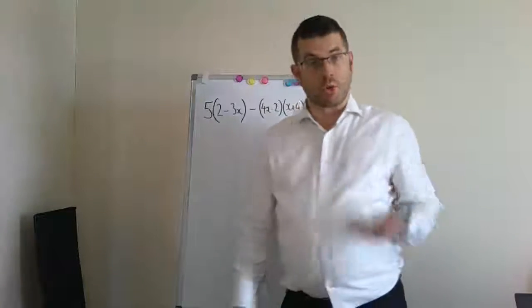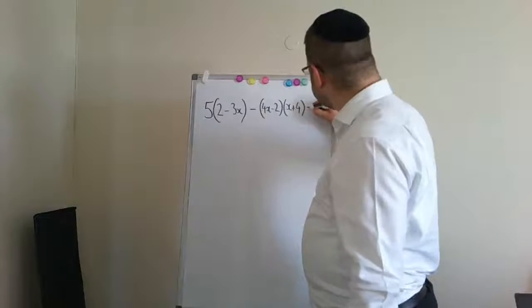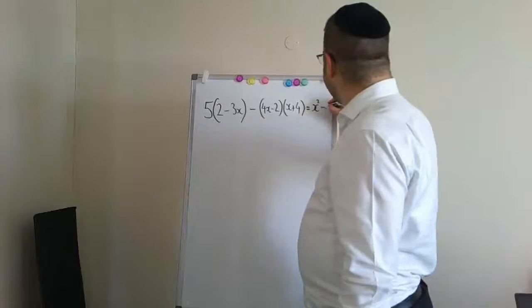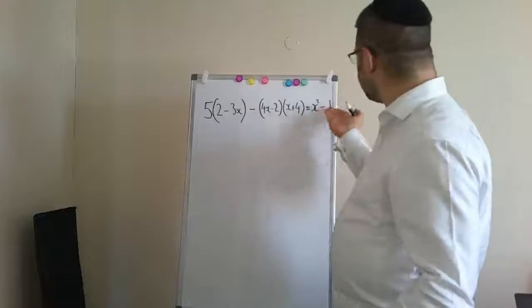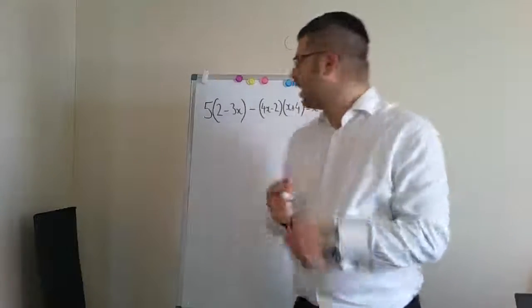That's an expression that we've already covered in this video. But let's suppose that this is equal to x squared minus 1. So obviously on the right hand side there's no brackets there. There could be. You could have a whole bunch of other brackets on the right hand side.